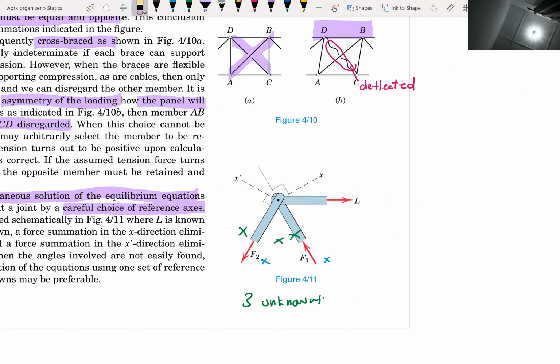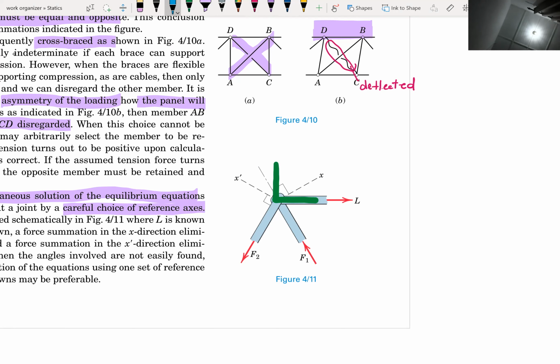Why? Let's say we use the normal axis. What happens is we have to break down the components again.